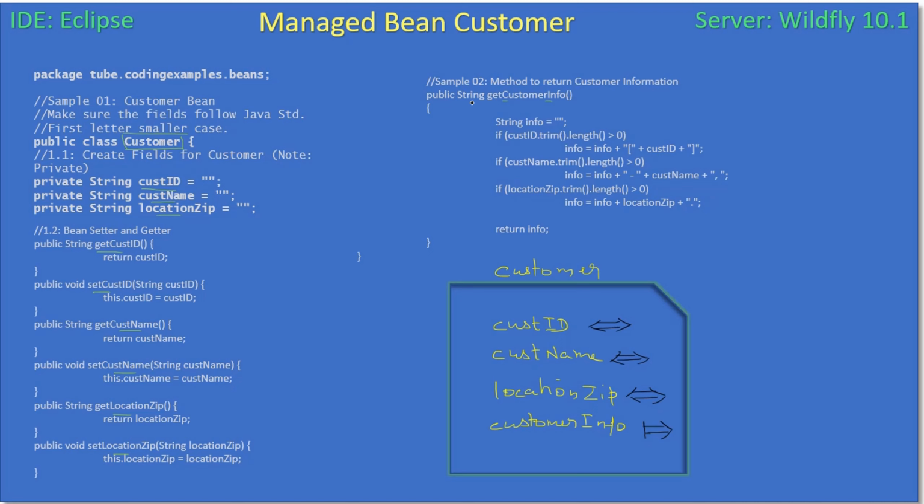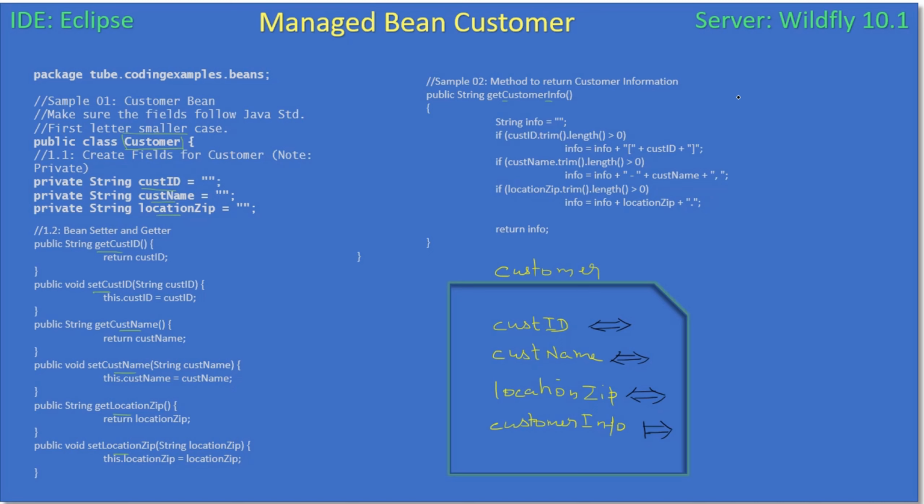But when you look at getCustomerInfo, we are simply formatting the string. First we set info as empty, then we read each internal member and check if there is a value in it. Then we form a string at runtime.